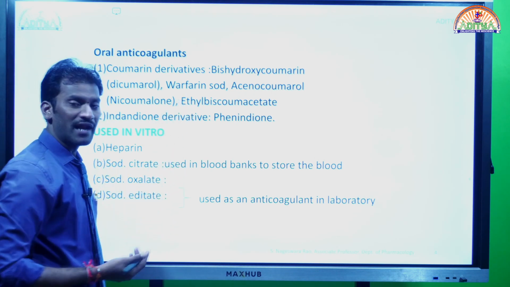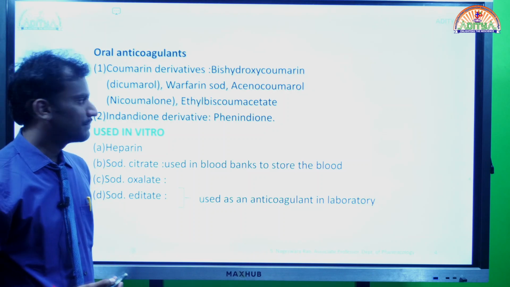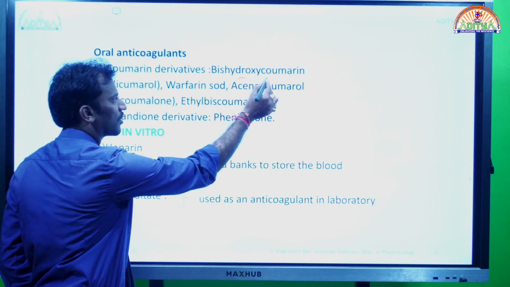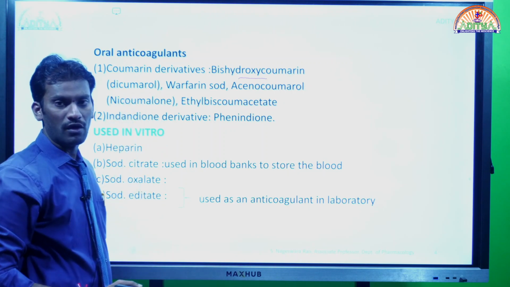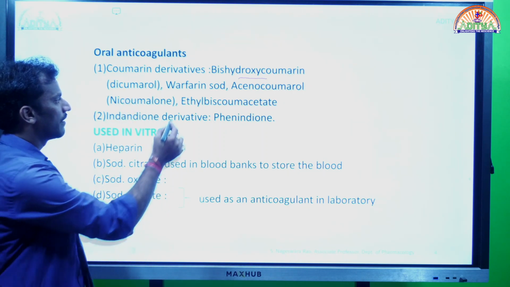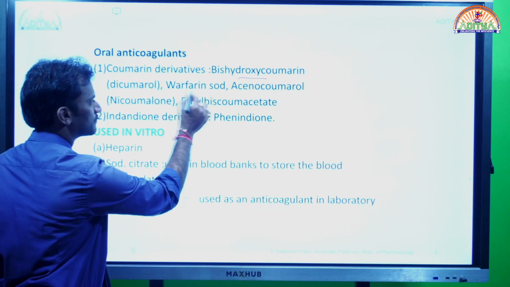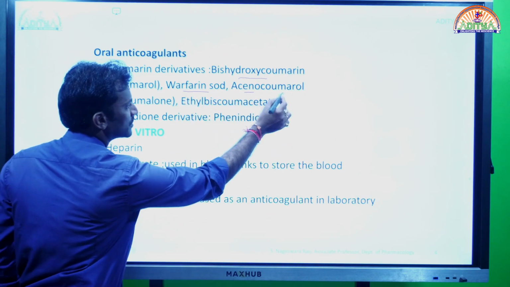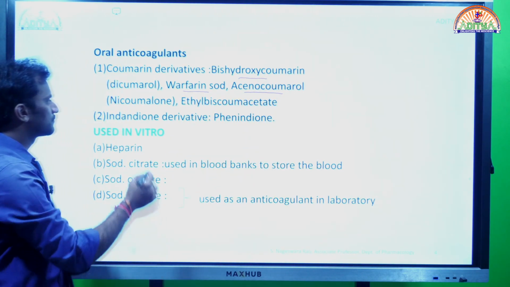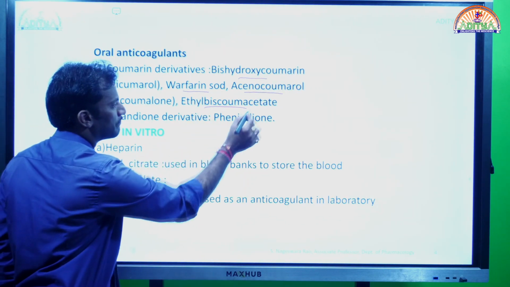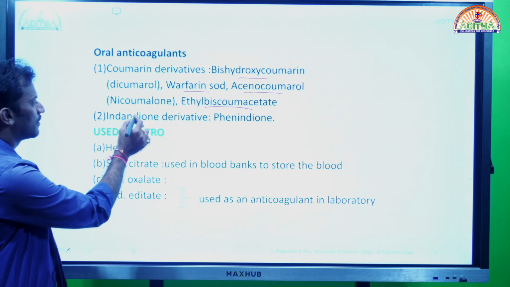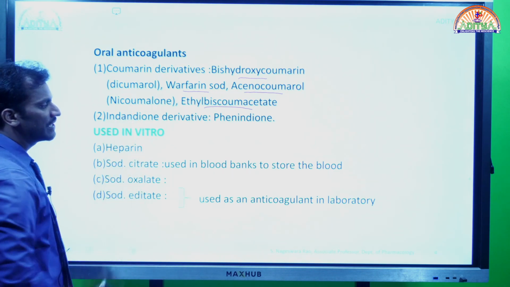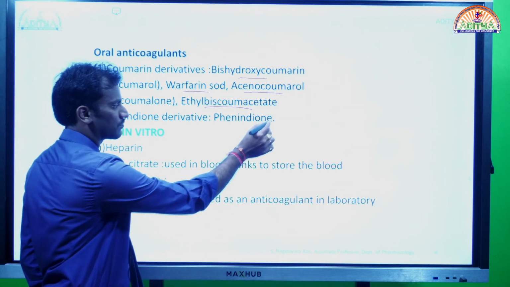Examples of orally administered anticoagulants are bishydroxycoumarin, also known as dicoumarol, warfarin sodium, acenocoumarol, and ethyl biscoumacetate. Next, the indandione derivatives, phenindione.